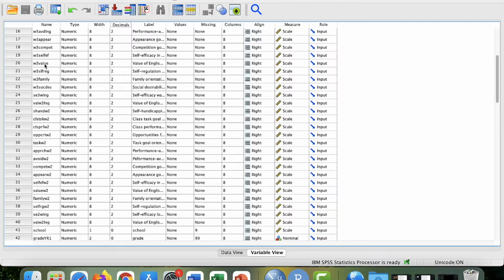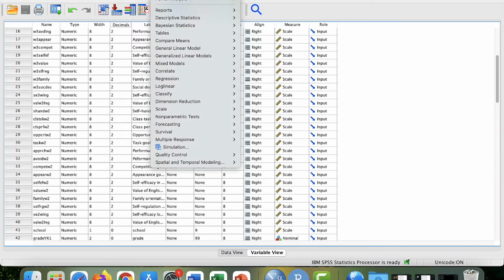So I'm going to compare those two with the same sample of students over time to see if there's a change. So I go to Analyze, and I go to Non-parametric Tests. And this time I'm going to choose Related Samples. Related samples means either it's paired or matched samples, or it's the same sample measured twice, which is what we're doing in this instance.